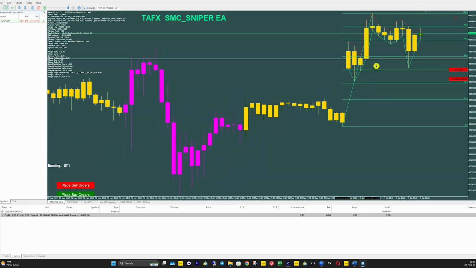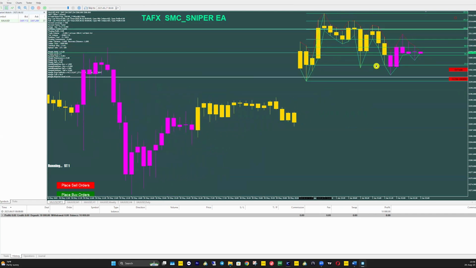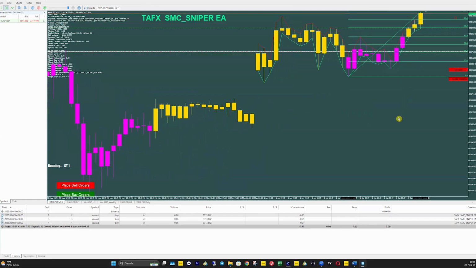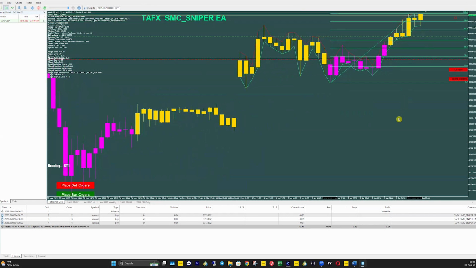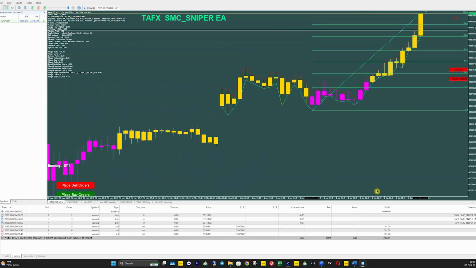So let's wait and see again. It is good to demonstrate this so that you can fully understand the system and the exit point. You can see, right? Let's wait. $300. Then it can exit.